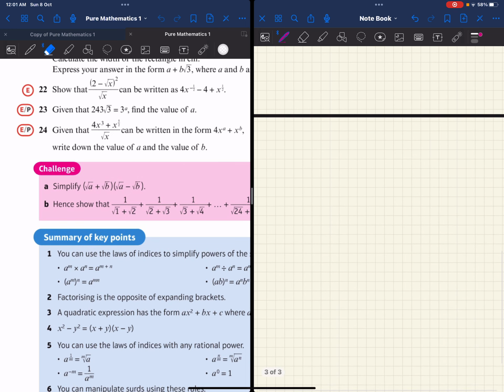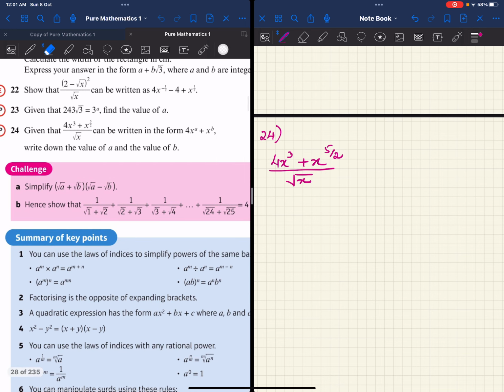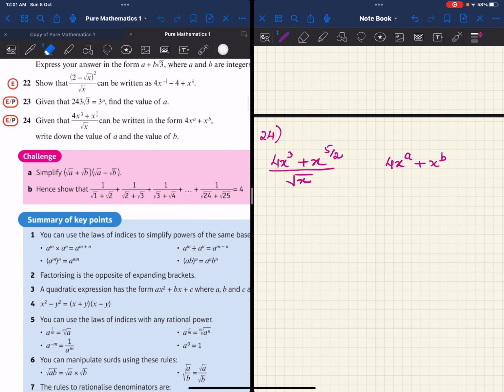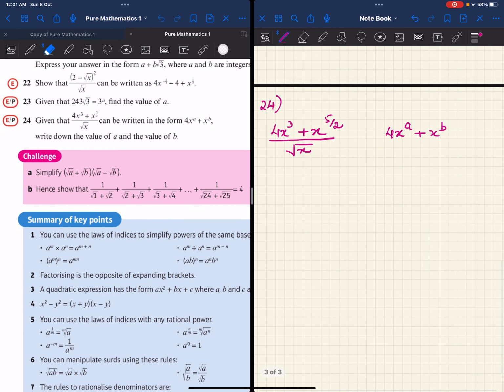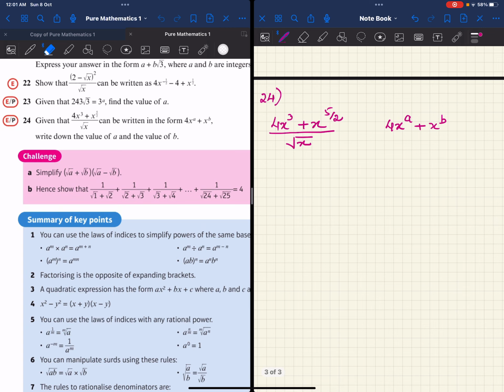Moving on to the last question, question number 24. Given that (4x cubed plus x to the power of 5 by 2) divided by root of x can be written in the form of 4x to the power of a plus x to the power of b, write down the values of a and b. So we have 4x cubed, we'll separate out the fractions.